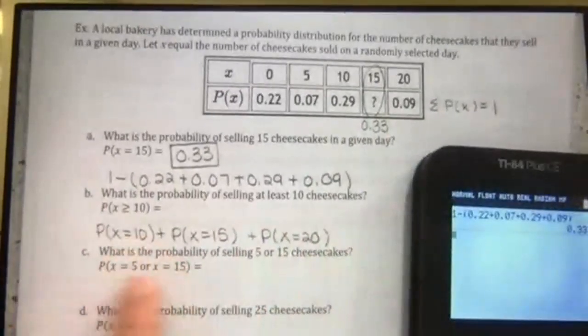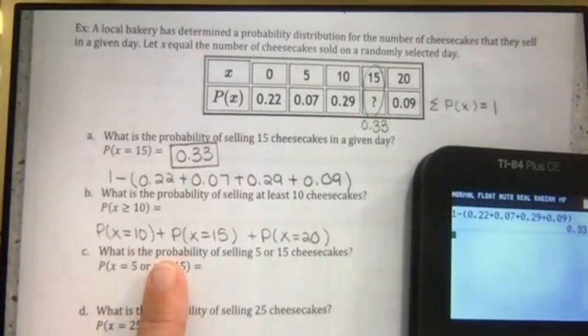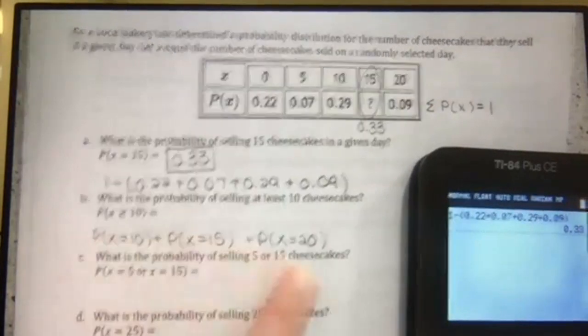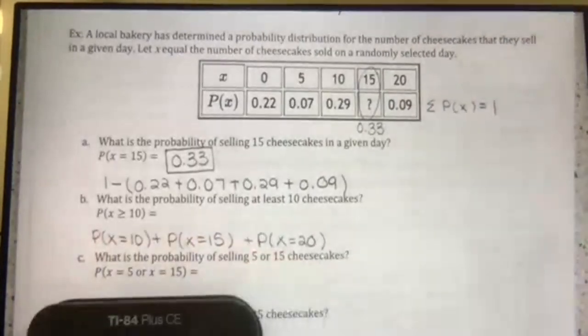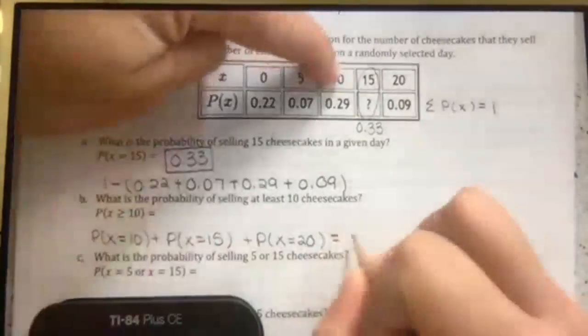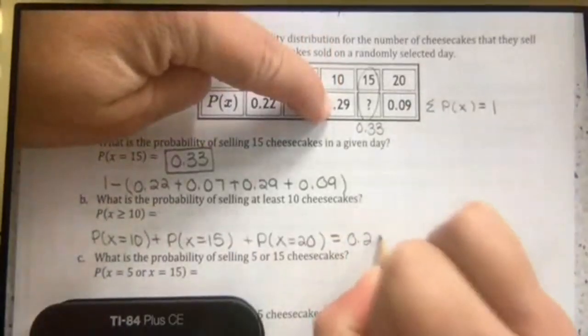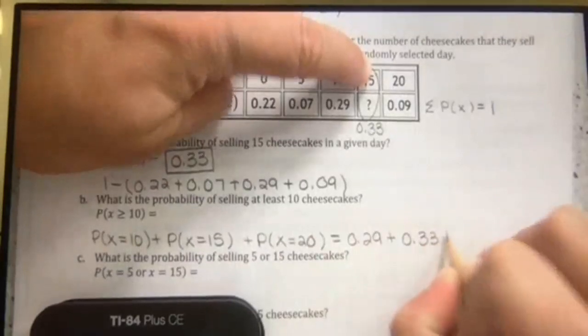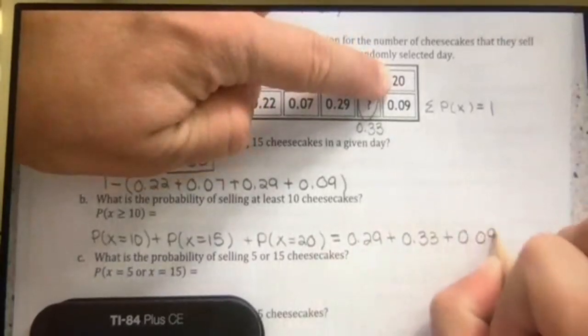Now, on your notes, do you have to write this? No, I'm just doing it so that whenever you go home and look at your notes, you realize where we got these numbers from. So 10, because it says or equal to 10, and everything bigger. The probability when X is 10 is 0.29, plus when X is 15 is 0.33, plus when X is 20 is 0.09.